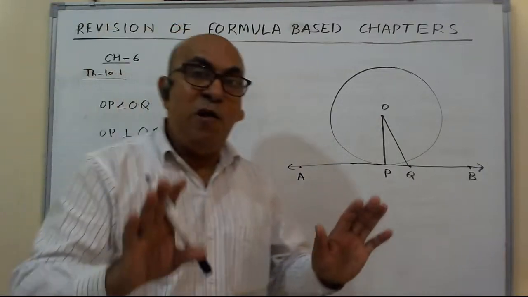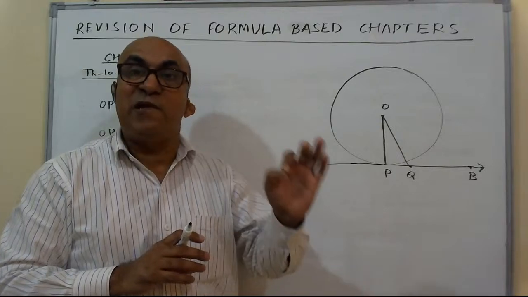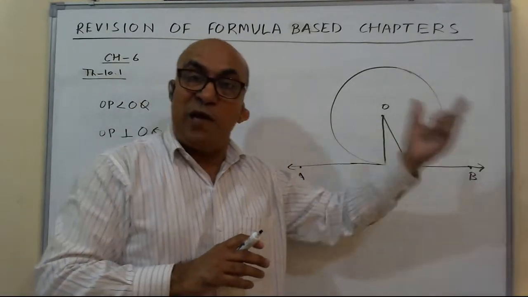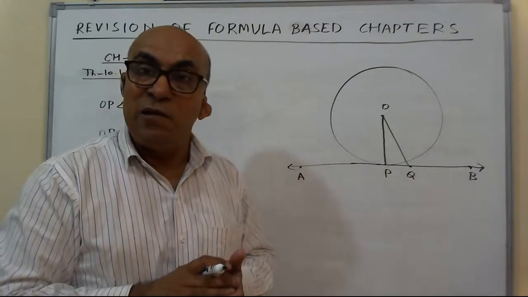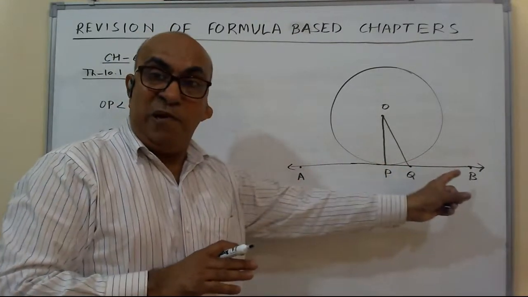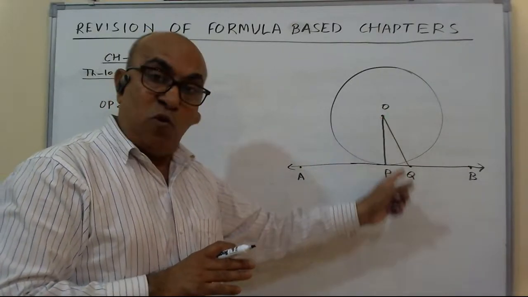Again, I am telling you how you will write this theorem. You start like this: a circle with center O is given. AB is a tangent to the given circle at P. Then write, take a point on AB as Q, join OP and OQ.